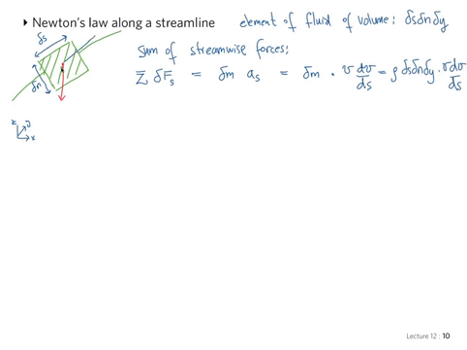The tangential direction here has an angle theta, and so the delta weight in the streamwise direction is minus, because the two components are going to be that and that in terms of vectors, so it's in the opposite direction, the negative s direction, so minus delta of weight times the sine of theta.